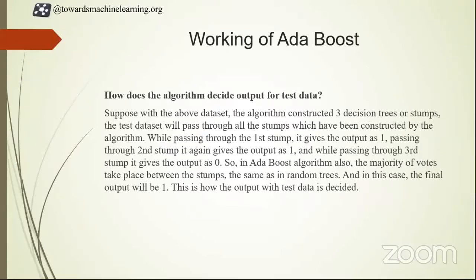And while passing through the third stump, it gives the output as 0. Again, wisdom of crowd happens. Majority of votes: the output which is getting the majority of the votes between these stumps will be considered as the final output for the test data. Okay, this is how the output is going to be decided for the test data.